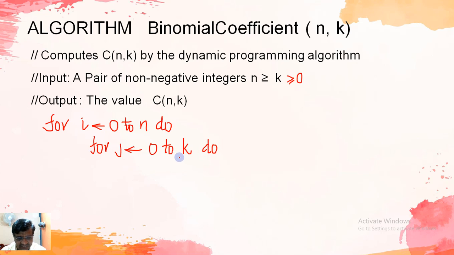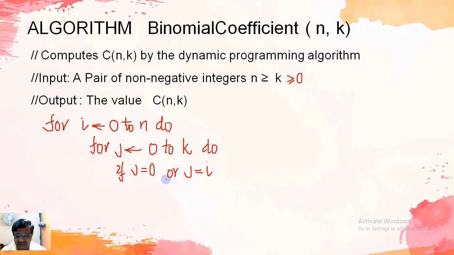If in any iteration j equal to 0 or j equal to i, so j equal to 0 will address 3C0, 4C0, something like this. j equal to i will address 3C3, 4C4, something like this.